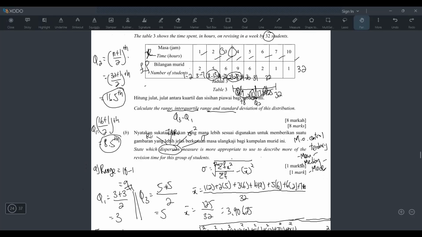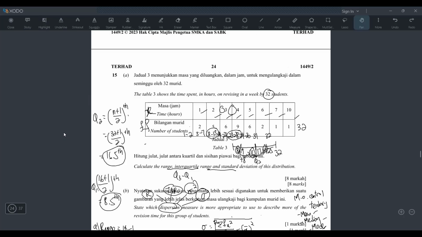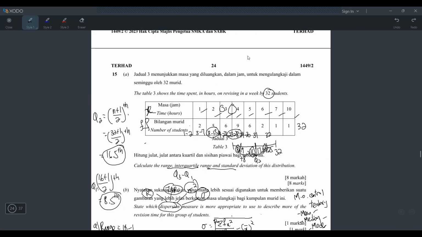Let's learn the advantage and disadvantage of each dispersion. The first is range. Range is the easiest one to calculate because you just take the maximum value minus the minimum. The advantage is that it is easiest to calculate.